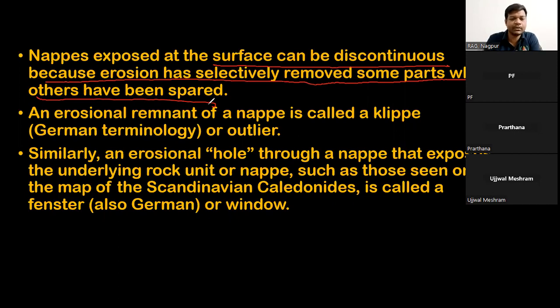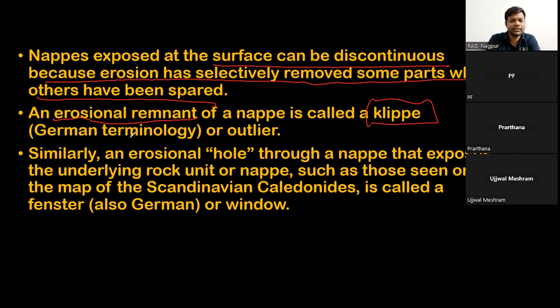When the nappes get eroded, the erosional remnant which is left behind is called a klippe. Klippe is nothing but the erosional remnant of the nappe structure.